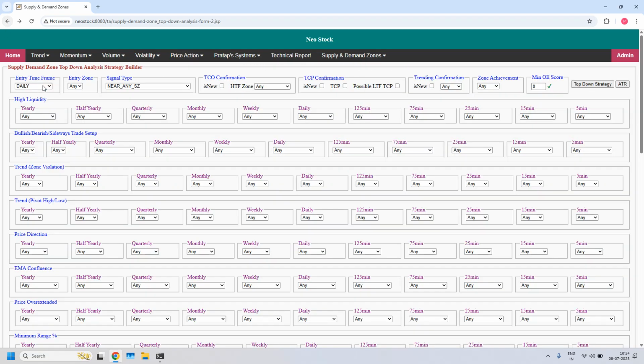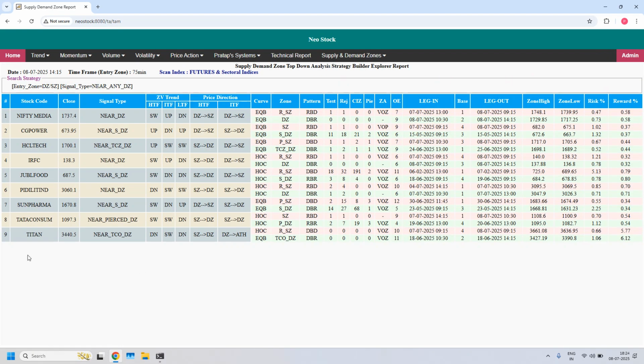Okay, next time frame is 75 minutes. Stocks near to the 75 minutes demand zone. We got 9 stocks. Let us identify high liquidity zones. CG Power is not valid. It is a pierced zone. Jubilant Food is having a 75 minutes high liquidity demand zone.